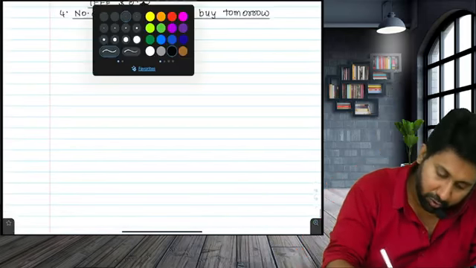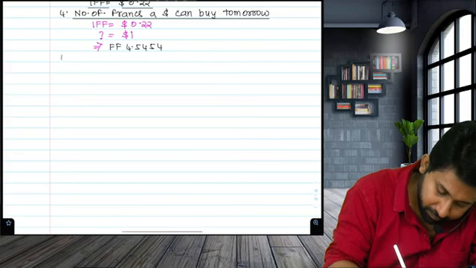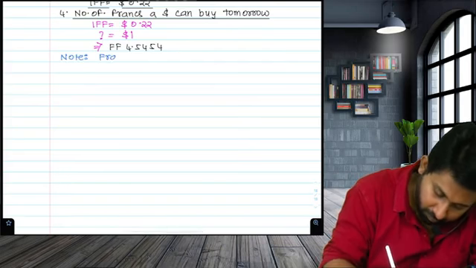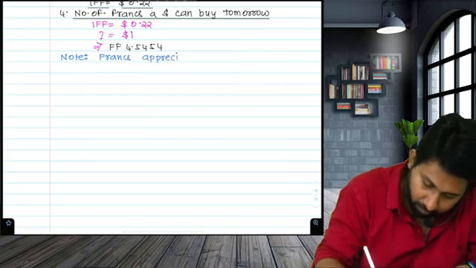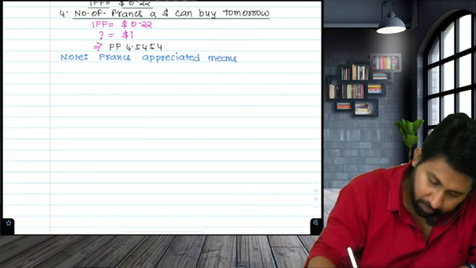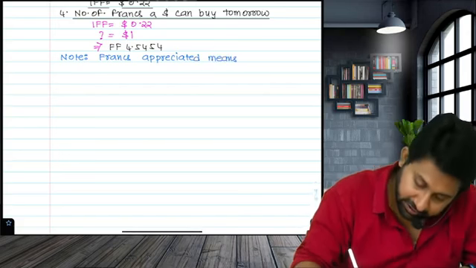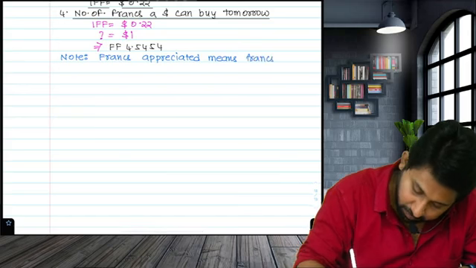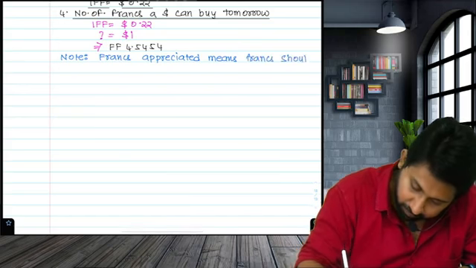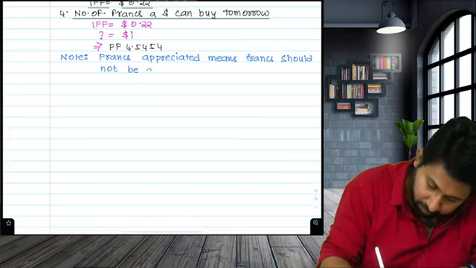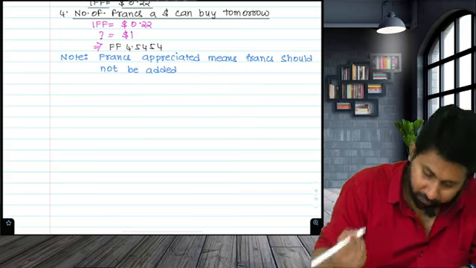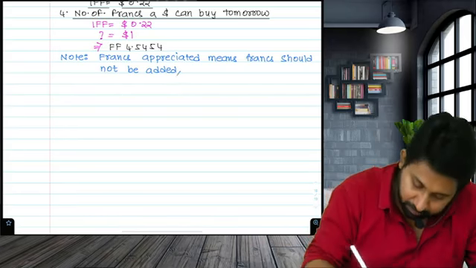Below, write down a note. Franc appreciated means francs should not be added.